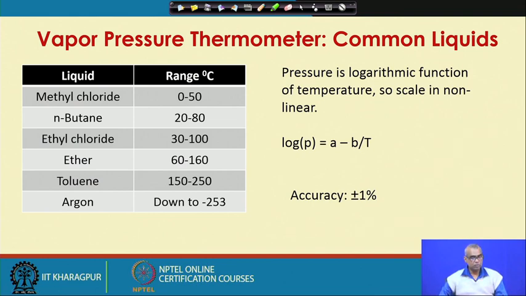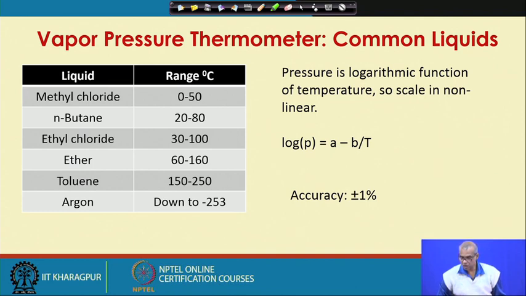Here are some of the liquids used in vapor pressure thermometers along with their ranges. Note that the ranges are not very high on the higher side.